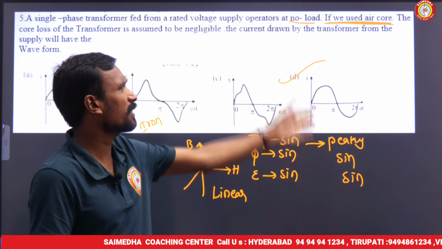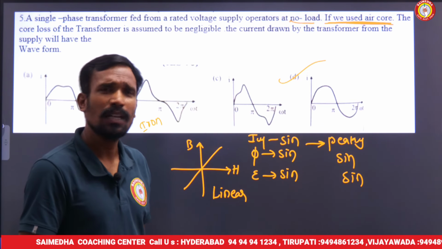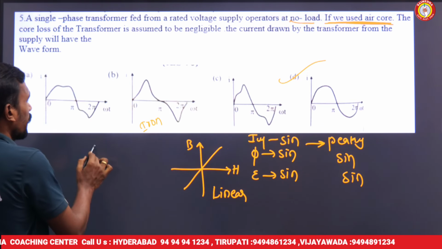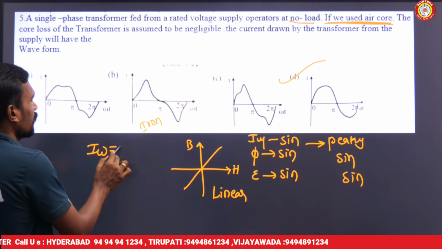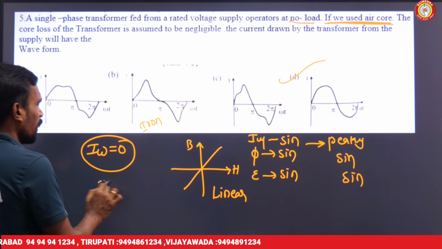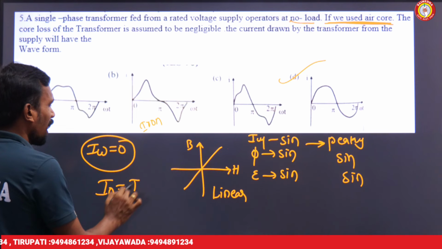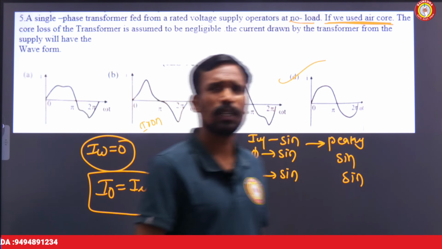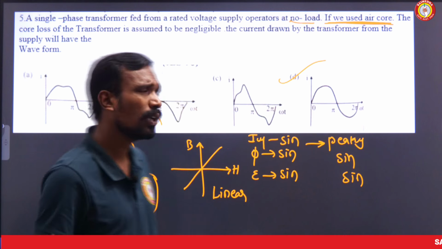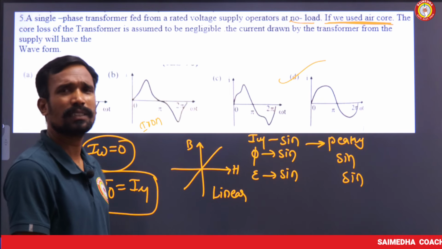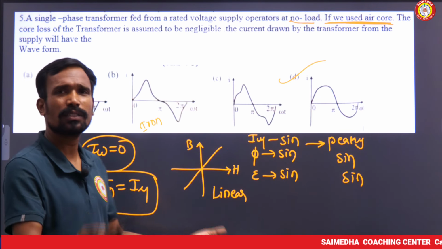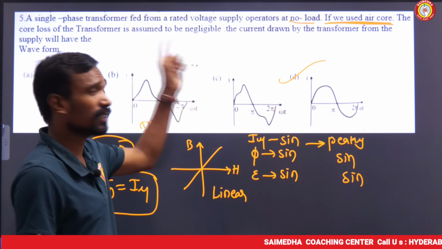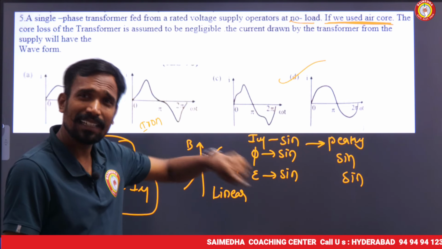Based on that, the current drawn by the transformer has core losses 0, so IW is 0. If IW is 0, I naught should be equal to I mu. I mu will be sinusoidal, then I naught is also sinusoidal, where the core losses are neglected, which is the ideal case.